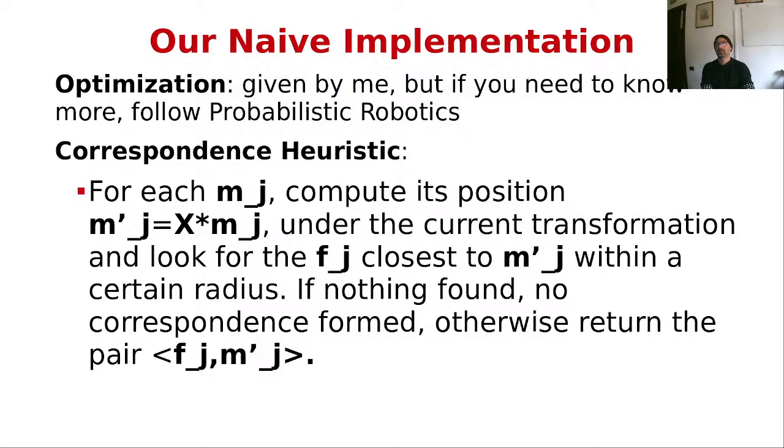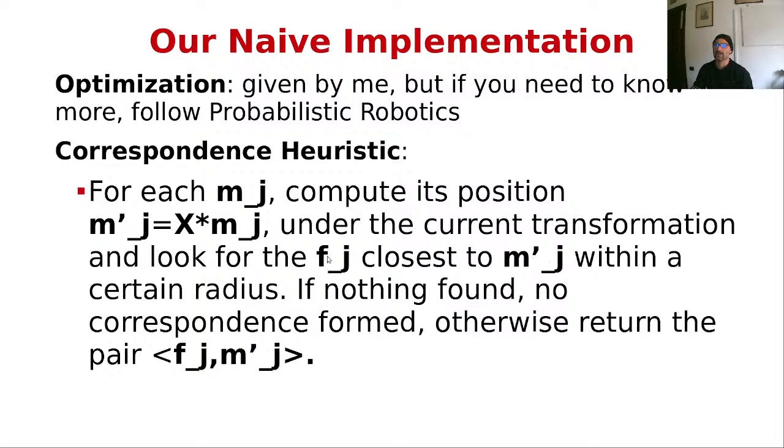Our idea in the implementation would be to use a KD tree. In terms of the correspondence heuristic, I have already written here what we need to do. Given the current transform X, we need to calculate the position m prime j of each point mj in the moving cloud, and then we have to find as the corresponding point in the fixed cloud the point that falls closest to the transformed point m prime j.